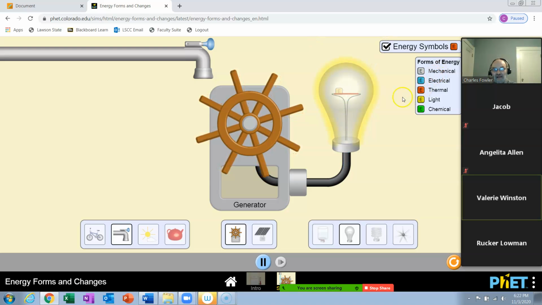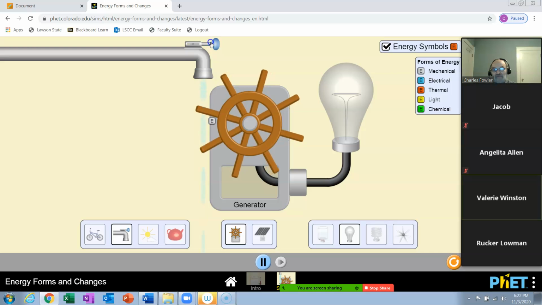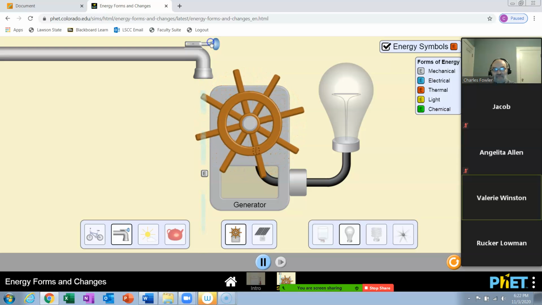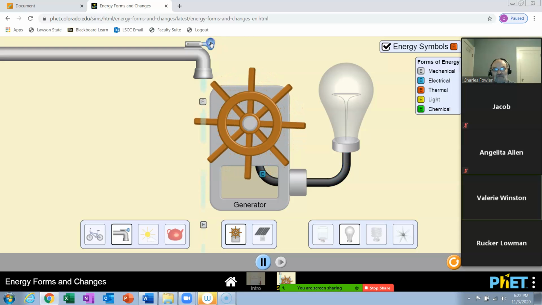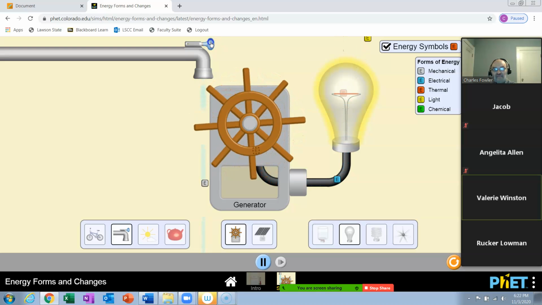Some of it goes to light, some of it, I'll keep pumping. Not all of it goes to light, because notice what happens. It's gravitational potential to kinetic, kinetic to electrical, electrical to heat, heat to light, but not only to light. That one goes to light, that one goes to light.